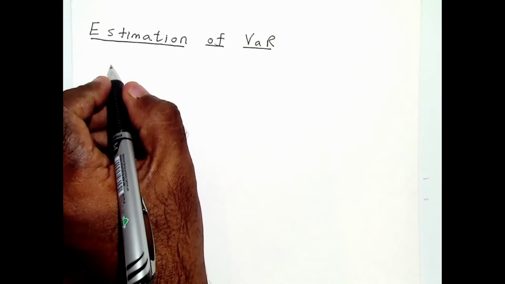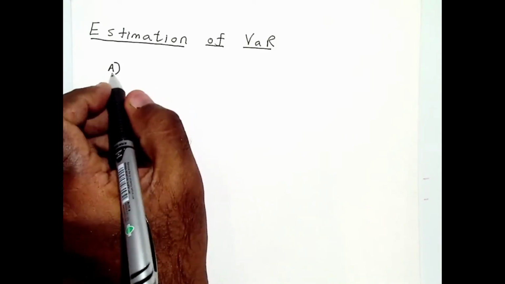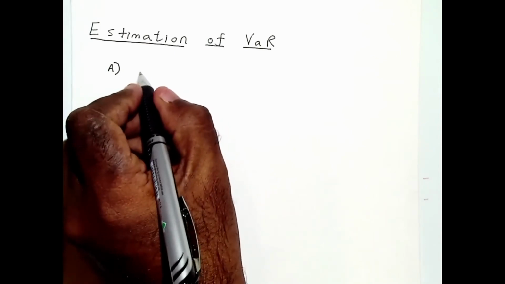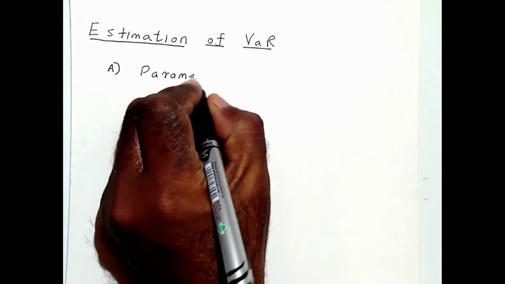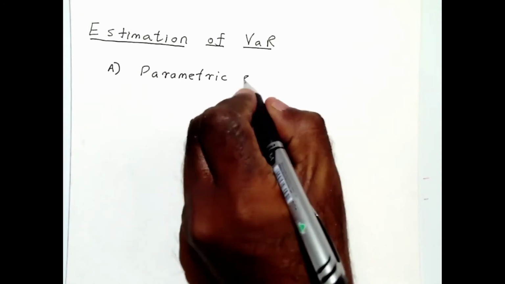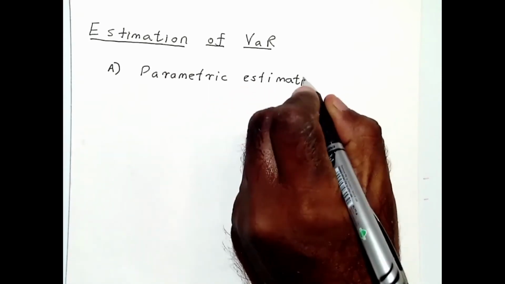Estimation is a crucial part of any statistics. So there are three parts to this estimation. The first one is the parametric estimation methods for VAR.